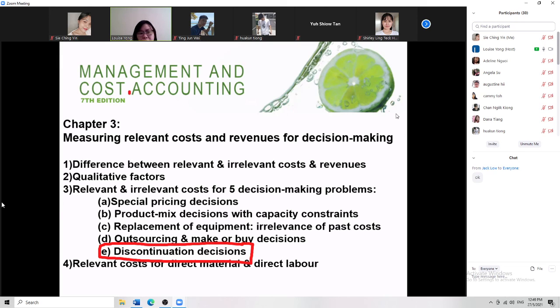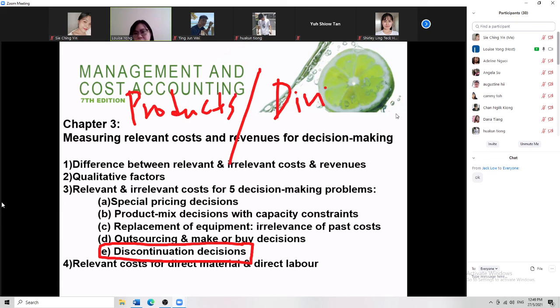Sometimes your product or your division, your branches, are always making losses, always losing money. So you have to make a decision. Do you want to keep this product, or keep this branch? Or do you want to close it down?